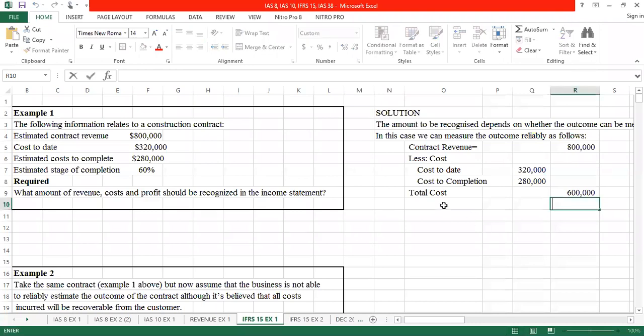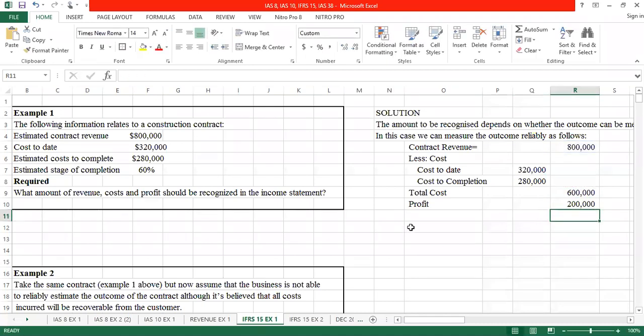So remember, the outcome can be measured, so we are making a profit. If we are making a profit, which you can all see, what is the profit? 800 minus 600.